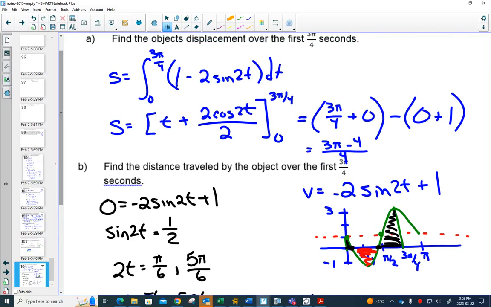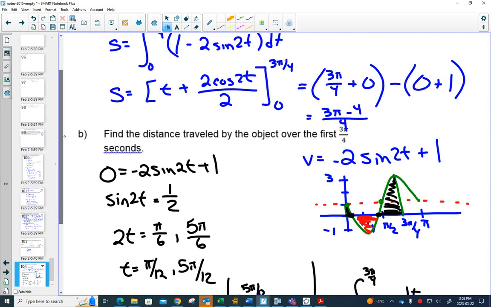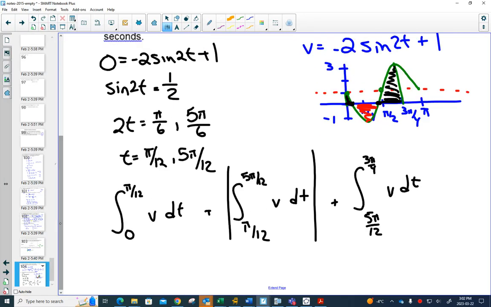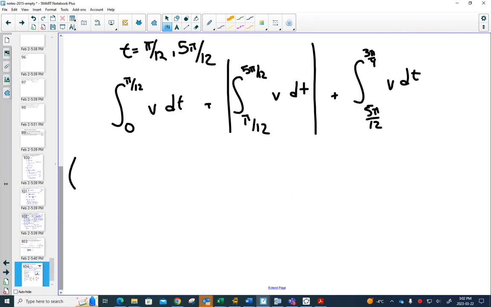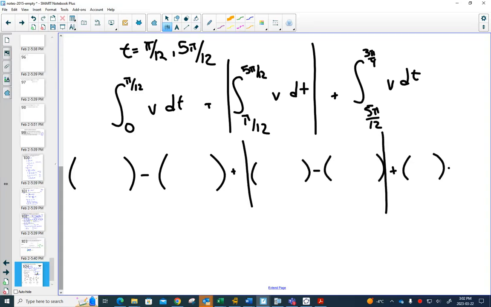We've already got our integral up here. Could we plug it in and solve it? Are we able to? It has a cos 2t, so when you plug it in, you are going to get values that will work. This is the visual. When you do an integral, you're going to get the integral like this from 0 to pi over 12, and so on for each of these.